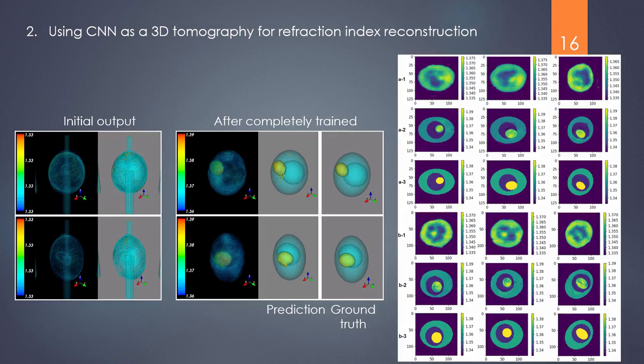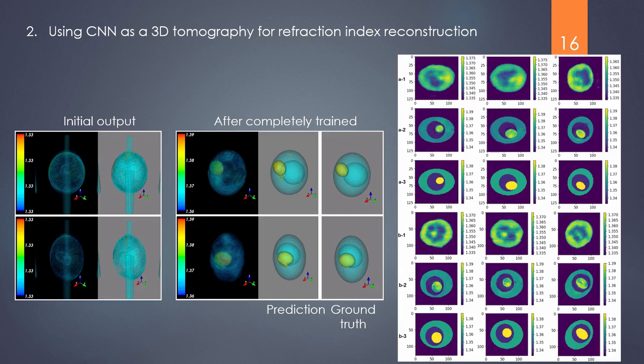And this is for the final results. This is the ground truth I created before, and this is the one I predict using the 3D convolutional network. This one is not quite good because I didn't use the inverse Radon transform. These are 2 samples out of 20 samples in the testing data.